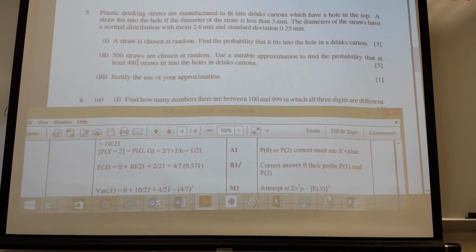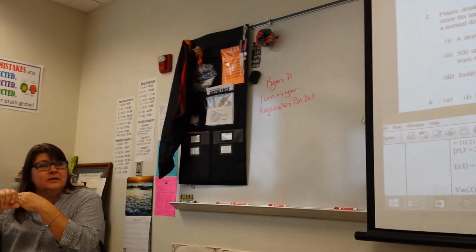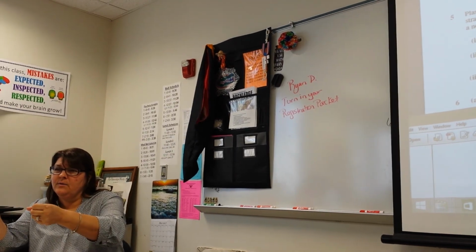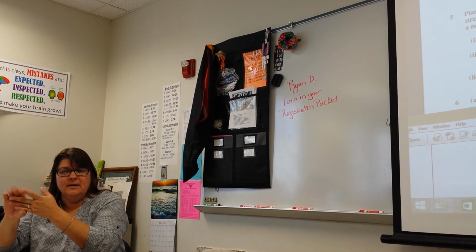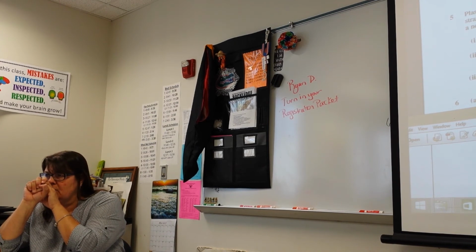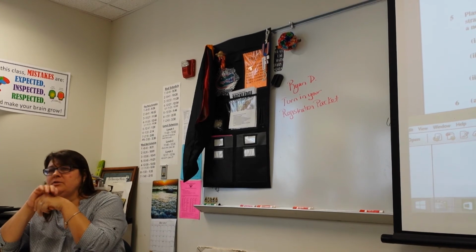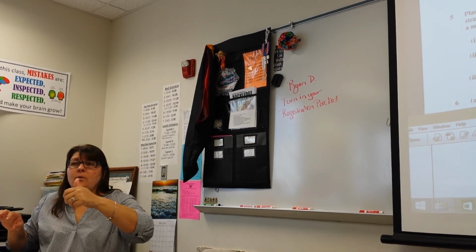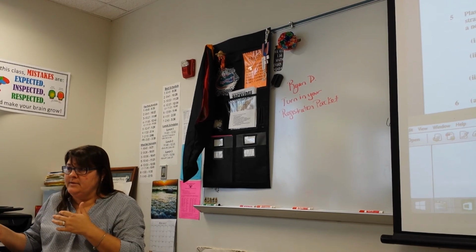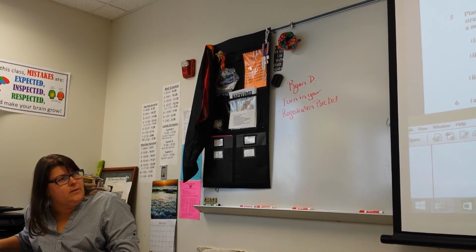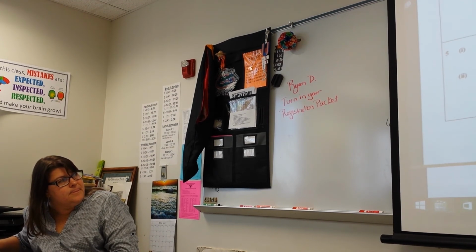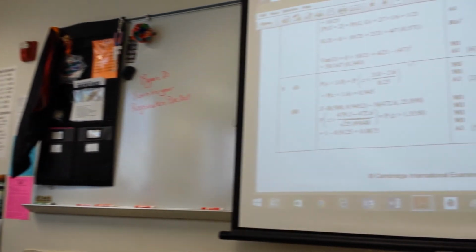It's a limited number of trials, 500 pretty limited still, right? What else? Independent of each other. If the first one fit, does it matter if the second one fit? And what's the last one? The last one has to do with the probability of success or failure. So is it a constant probability every time? It is, right? What was the probability that it actually fit in the hole? What we just found.